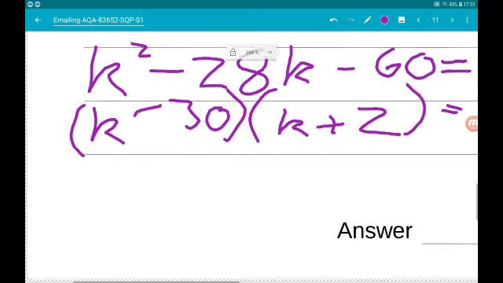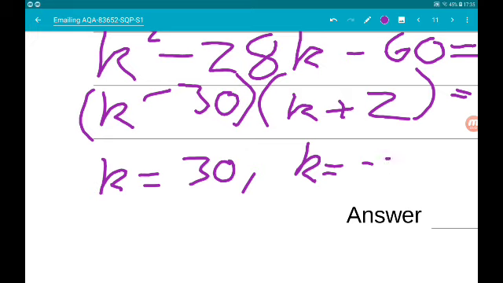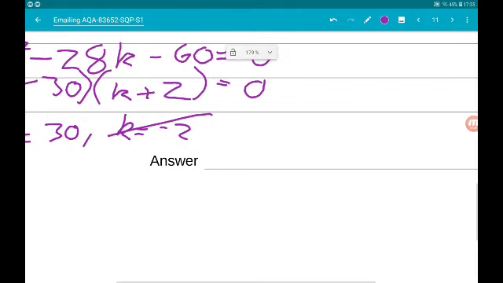Now that's going to give us two possible solutions for k. k is 30 or k is minus 2. But remember, k is the number of a term in a sequence, so k cannot be negative. So this solution makes no sense. k is equal to 30.